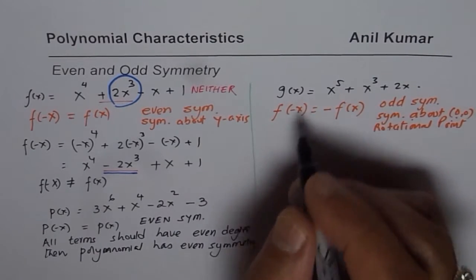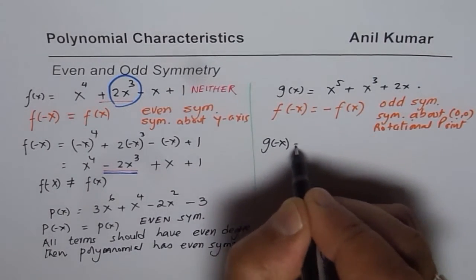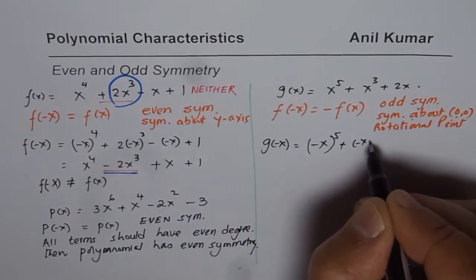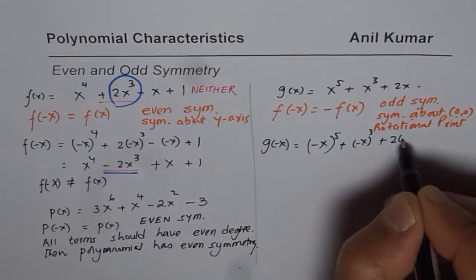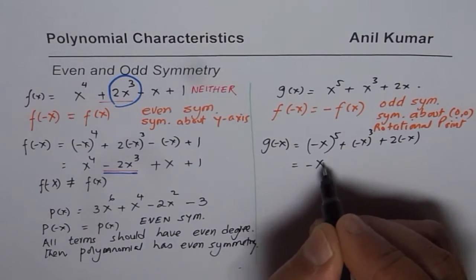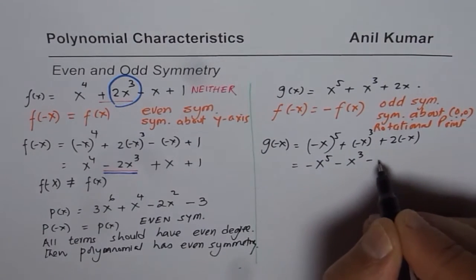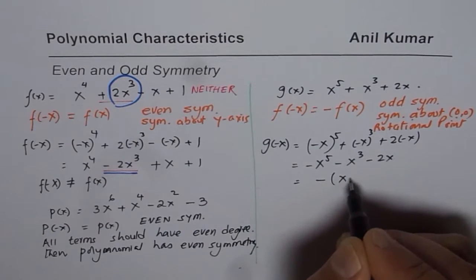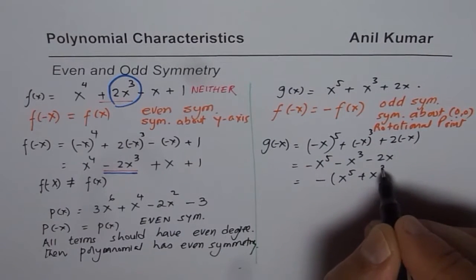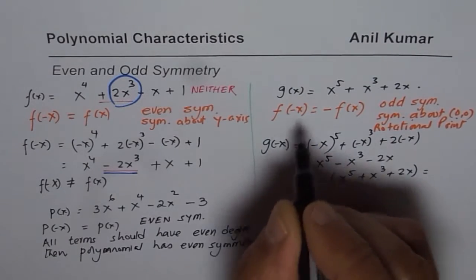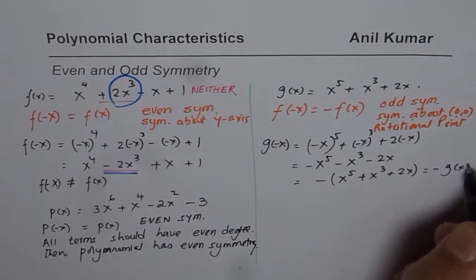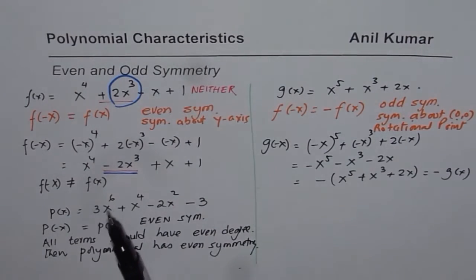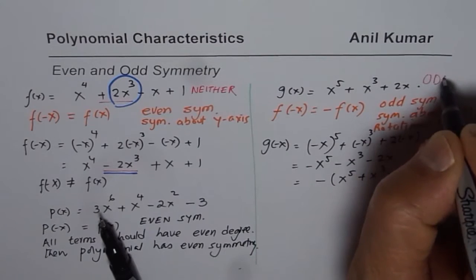Same is the case here. Now in this particular case, if I do g of minus x, what do I get? I get minus x to the power of 5 plus minus x to the power of 3 plus 2 times minus x, and that gives me minus x to the power of 5 minus x cubed minus 2x. I can take this minus term common, so I get x to the power of 5 plus x cubed plus 2x, and that is equal to minus of g of x. Since g of minus x is minus of g of x, this function has odd symmetry. Do you see that?